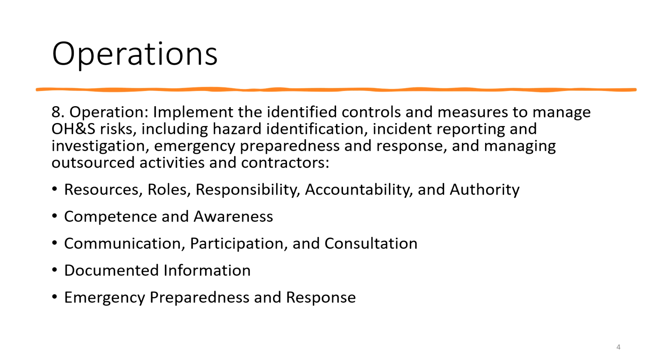We also want to look at emergency preparedness and response. The best thing that we can do is not have an accident, of course, but if we do have an accident, how do we take care of our people as quickly as we possibly can? There could be a chemical spill. How do we address this?